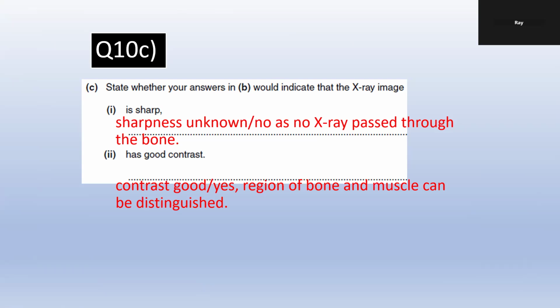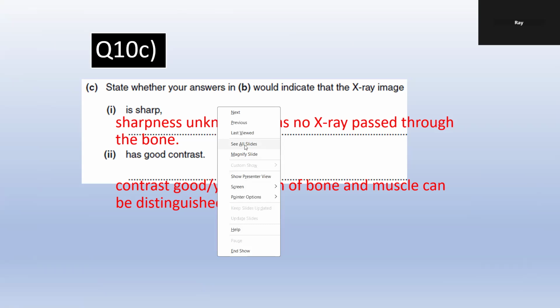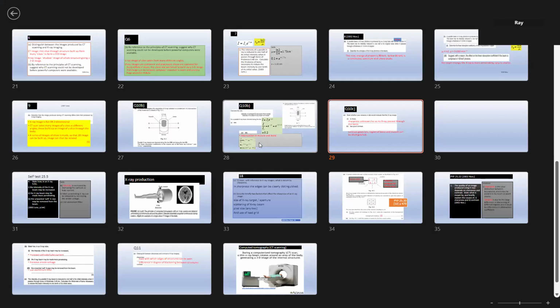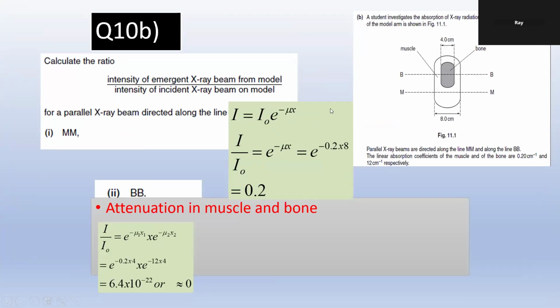Bone and muscle will give good contrast because both have different absorption coefficients. That's the reason why they ask you to calculate.